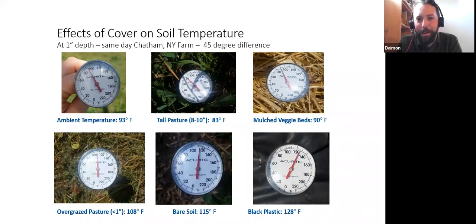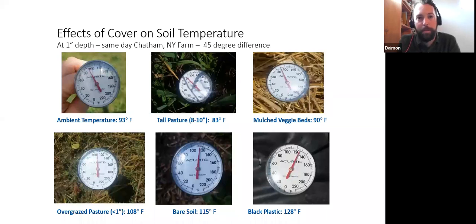So, I like to just look at the tall pasture versus overgrazed, and that's quite a significant difference in the temperature of the surface of the soil. That can really increase evaporation, but it also can really slow down or injure the soil microbes that are trying to work in that top layer of the soil.